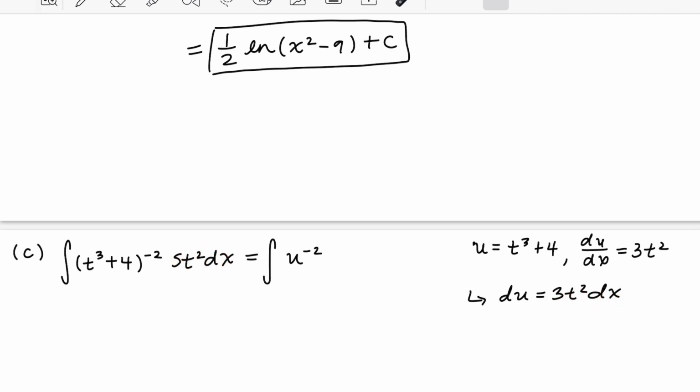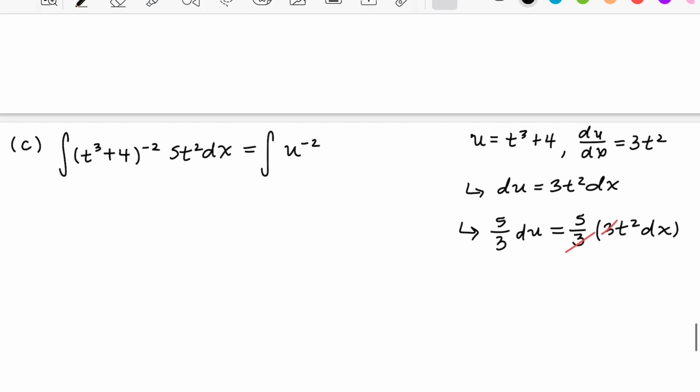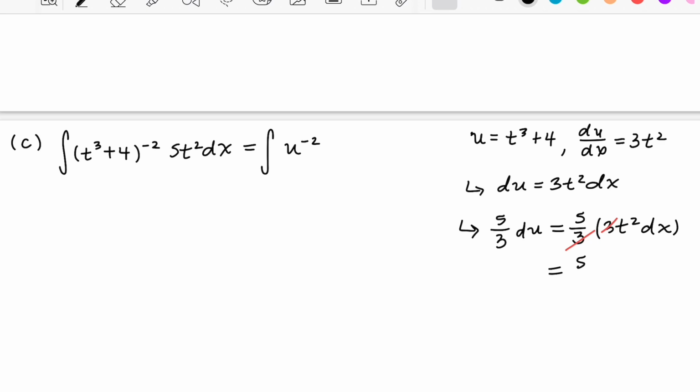So what we can do is rewrite this guy by multiplying by a factor of 5/3 on both sides. When doing so, we'll get that these 3's cancel here, and we're left with 5t² dx.